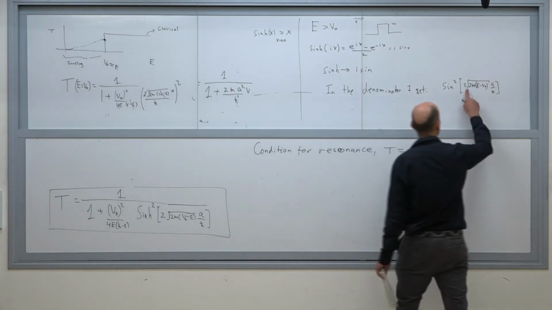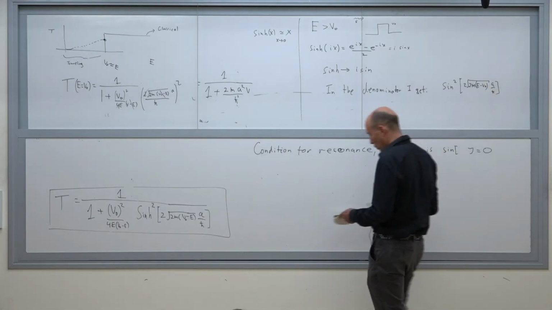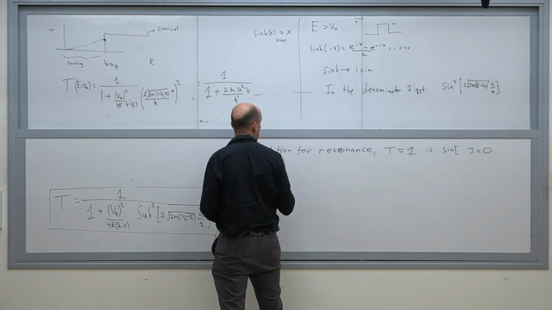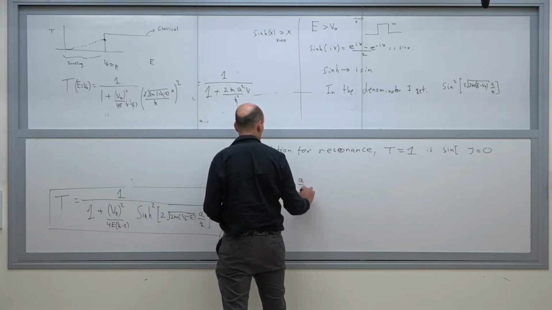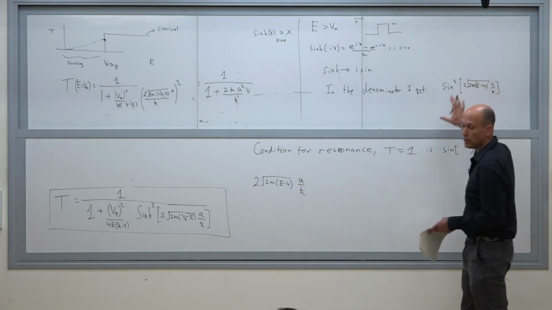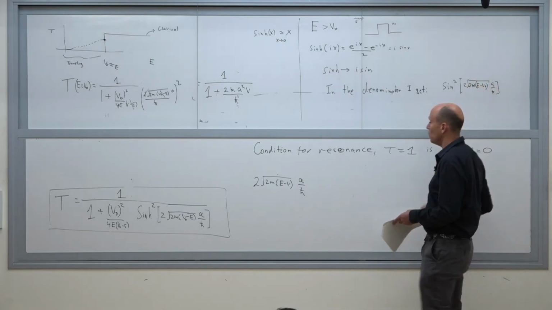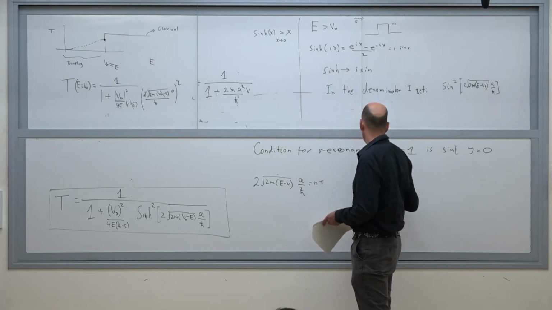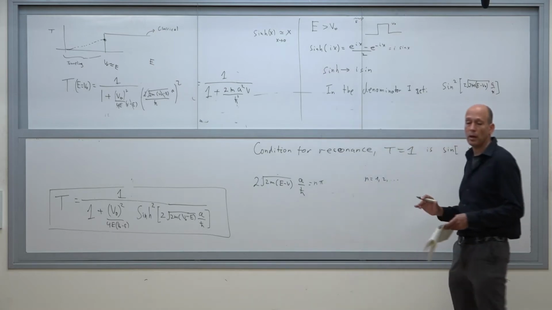Because you see that this condition is given by here. And what is this condition? There are many such resonances. There's not one, there's not two. This is 2m(E minus V0), as the guy in the front row said. What does this need to be so that the sine will be 0? This is going to be n pi, with n equal 1, 2, etc. So there are many resonances.